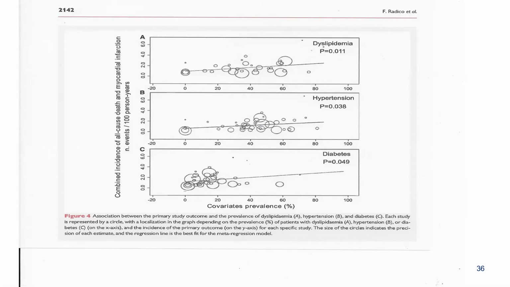The smaller the standard error, the smaller the circle; the larger the standard error, the larger the circle. So a large standard error would probably indicate a small study that didn't have that many patients in it. So you can see that they find a significant regression line. In other words, the regression line is not statistically zero for dyslipidemia, hypertension, and diabetes.